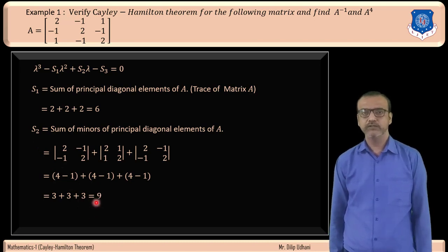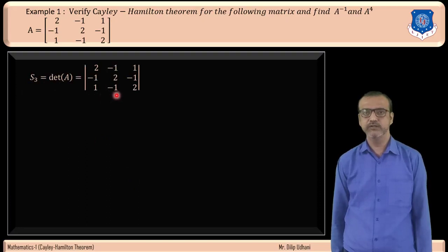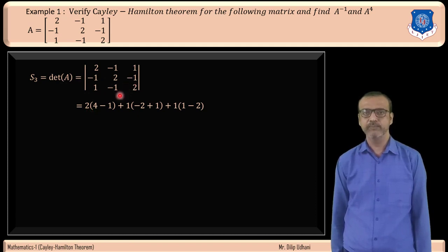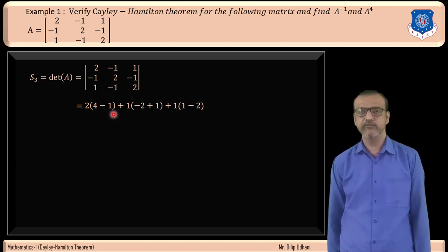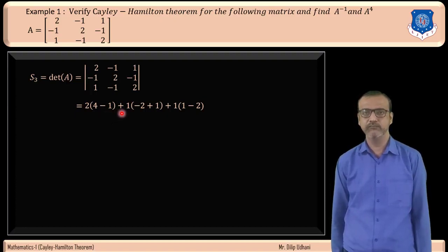Now we will find the value of S3, and S3 equals the determinant of A. So we will find this determinant. The first entry is 2 and its minor is 2 minus 1 minus 1 2, so it is 4 minus 1. Then the second entry is minus 1, and since we already have a minus sign outside, it becomes plus 1.